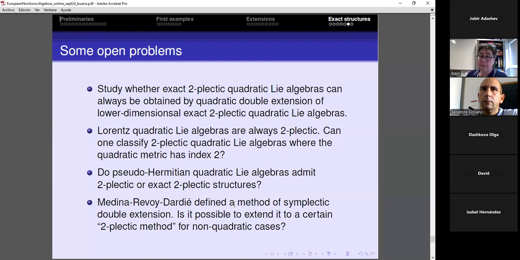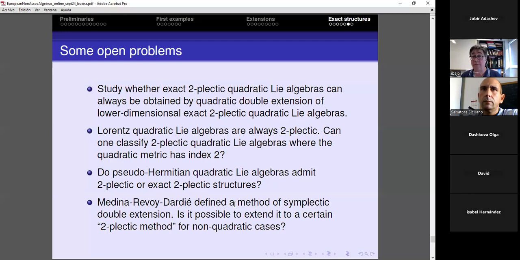And in those cases, one easily sees that the metric cannot have index 1, and the smallest index that appears is index 2. I've been quite interested in this case of pseudo-Hermitian quadratic Lie algebras because this is the subject of the thesis of one of my students. So I think that it is a problem that could be of interest.